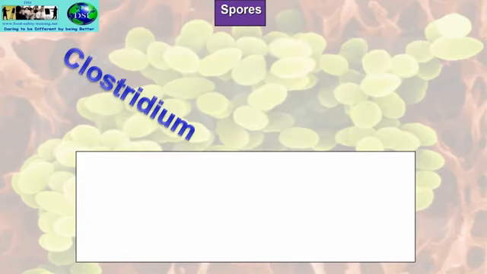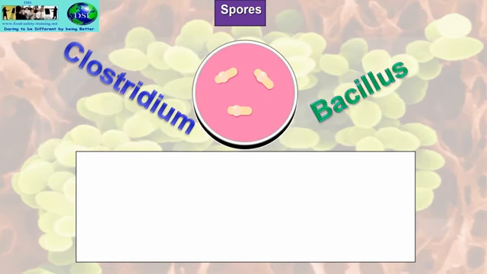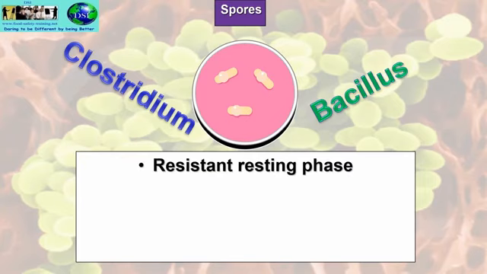And spores. Now, only two families of bacteria produce spores, and they are Clostridium and Bacillus, or Clostridia and Bacilli. These are the only two pathogens that produce spores. So what are spores? It's called the resistant resting phase of these two bacterial families, where most bacteria are killed through heat, through radiation, through chemicals or disinfection.